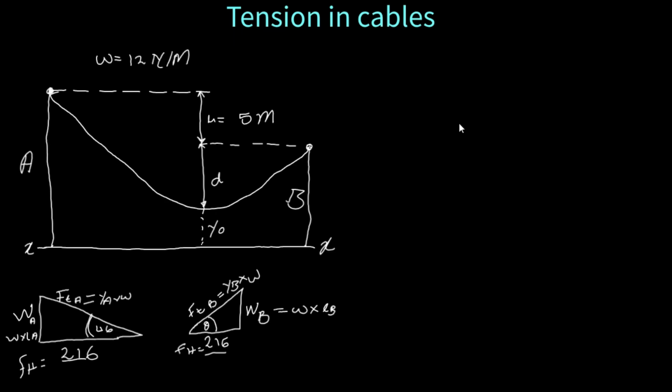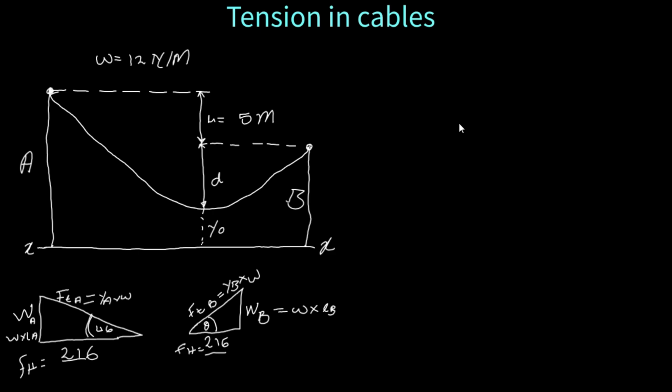This is the diagram that I get according to what they are explaining to us. We have two supports, A and B, and there is a height difference between the two of 5 meters. That tells us that the two supports are not of the same height. We are given the small letter w, which is 12 Newton per meter.